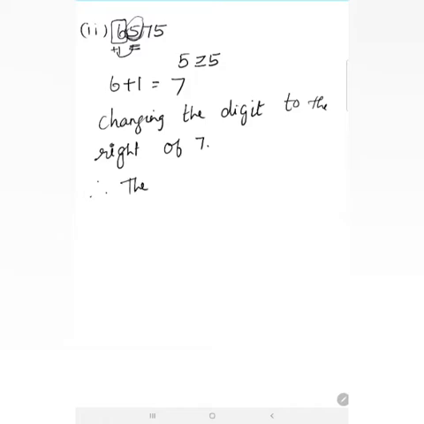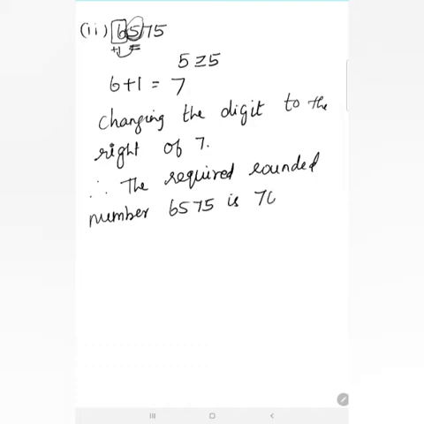Therefore the required rounded number for 6575 is 7000. It is greater than 6500, so you take it as 7000 as the rounded figure.